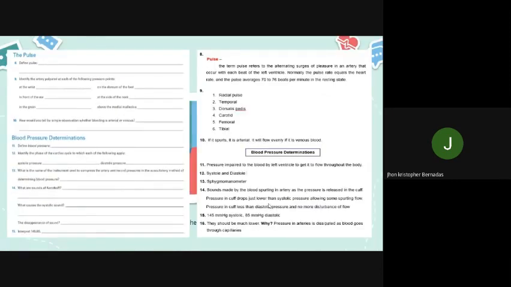Number 16, they should be much lower. Why? Because pressure in arteries is dissipated as blood goes through capillaries.